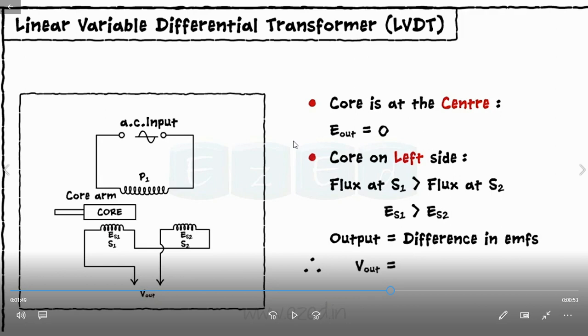Where the surface is up and down, according to that the core moves, and so it produces some output voltage, and that movement is calibrated accordingly. So it is a simple phenomenon, the principle on which it works.